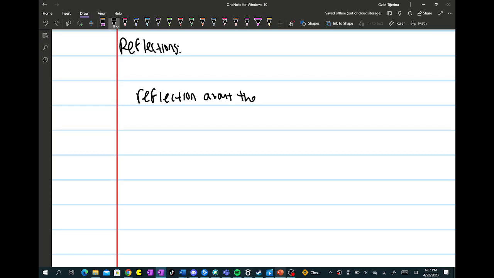So when I say, for example, a reflection about the x-axis, what I mean is I go from f of x to f of negative x.